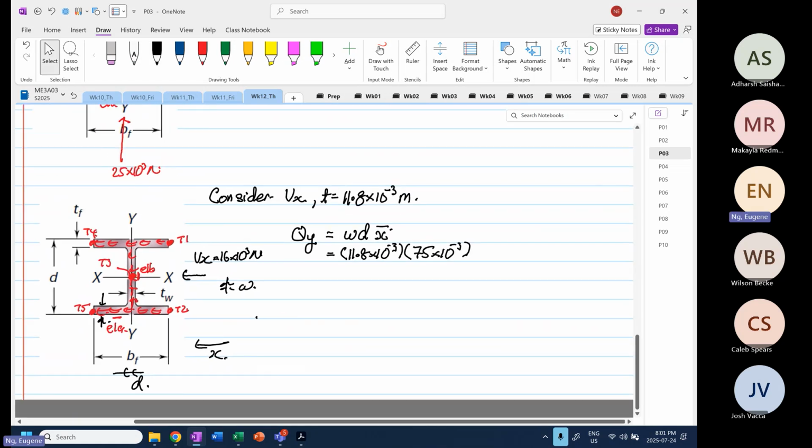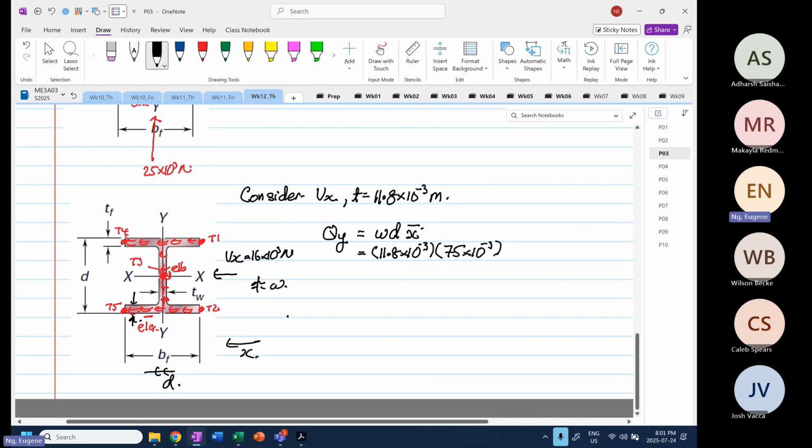Okay. Now the y bar, so if this, I'm going to get rid of the arrows over here. And this is our element A, right? So the area to consider is this area over here.